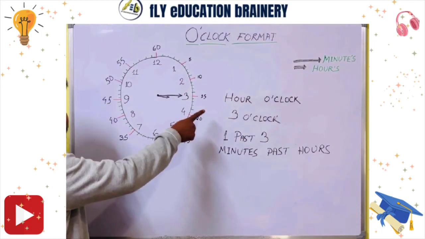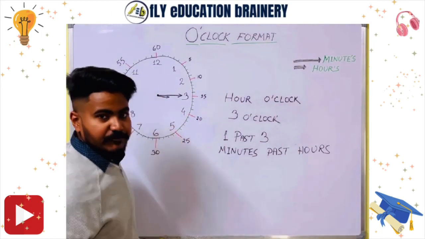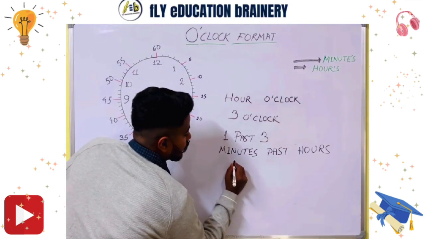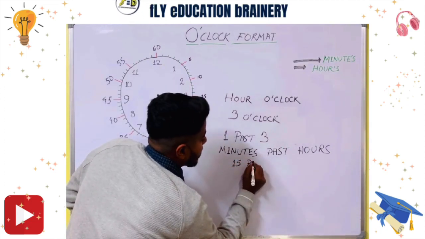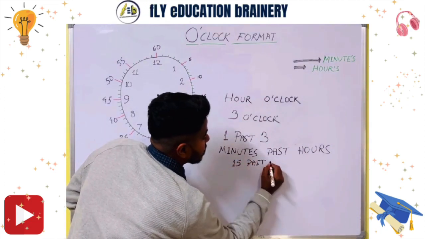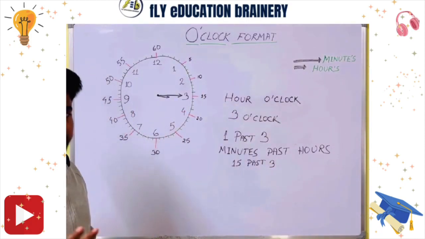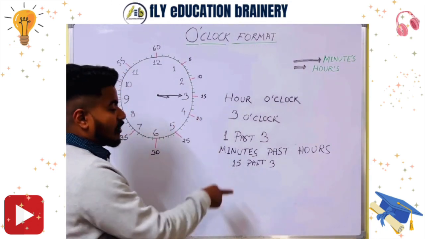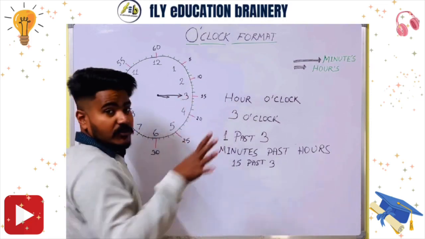When it is 3:15, I said that it's minutes past hours we have to write. So we will write 15 past 3, right? 15 past 3 because 15 minutes are gone and it is past because it's gone, and the hour hand is still towards 3.